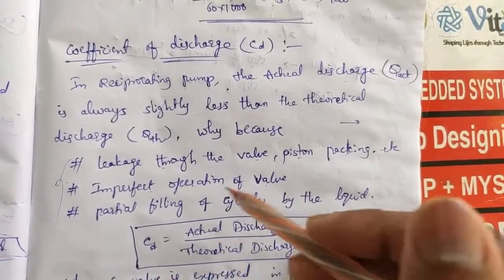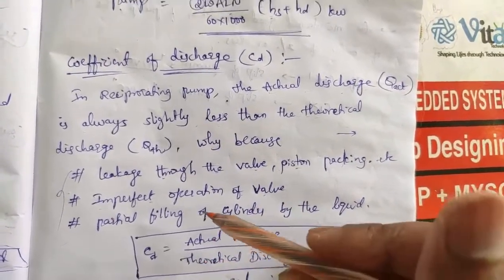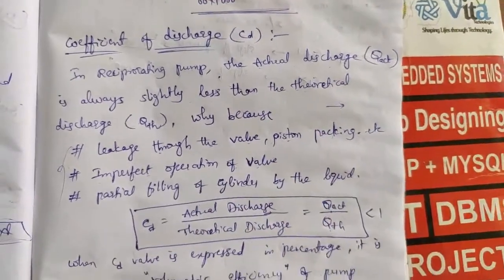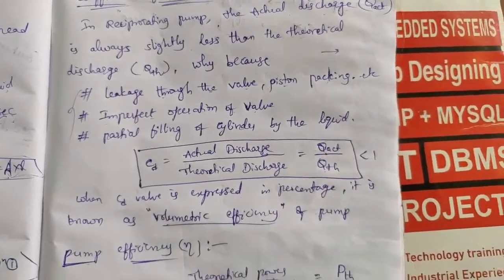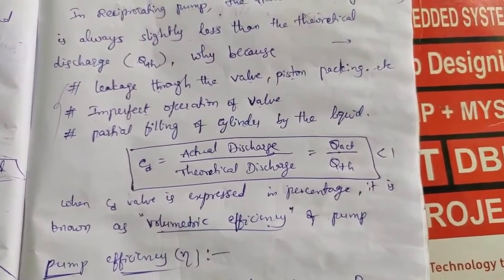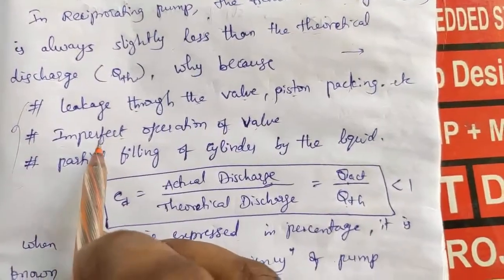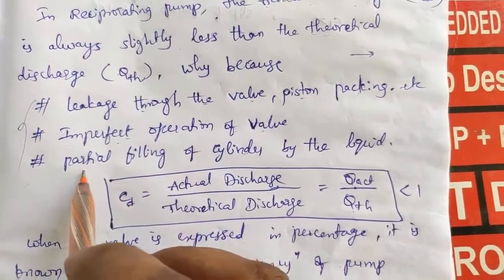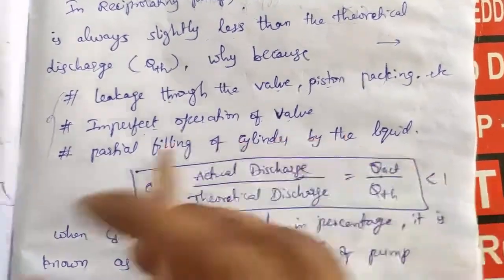For the continuous process, these valves are opening and closing again and again. So due to the repetition of valve opening and closing, imperfection is possible. Next thing is partial filling of the cylinder by the liquid.